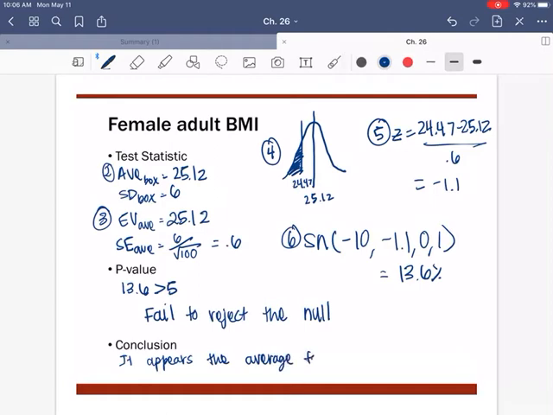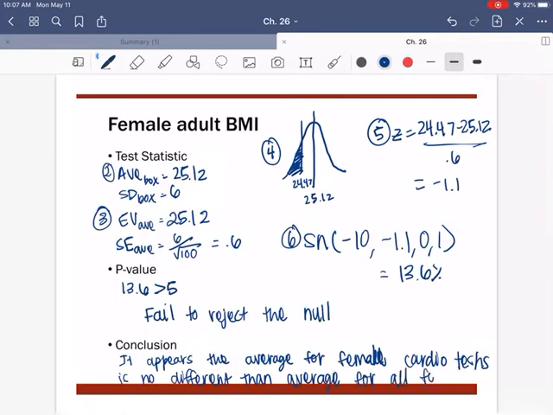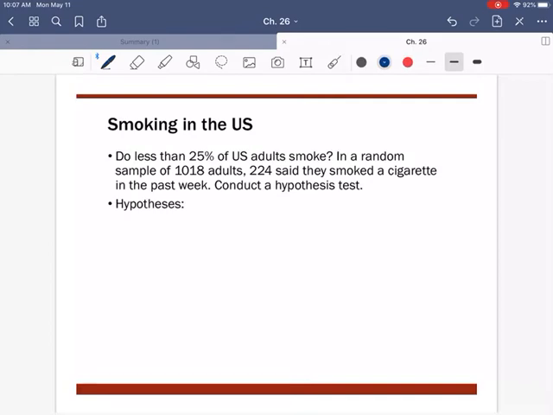And we say, it appears the average for female cardiotechs is no different than average for all females. Whew, okay.